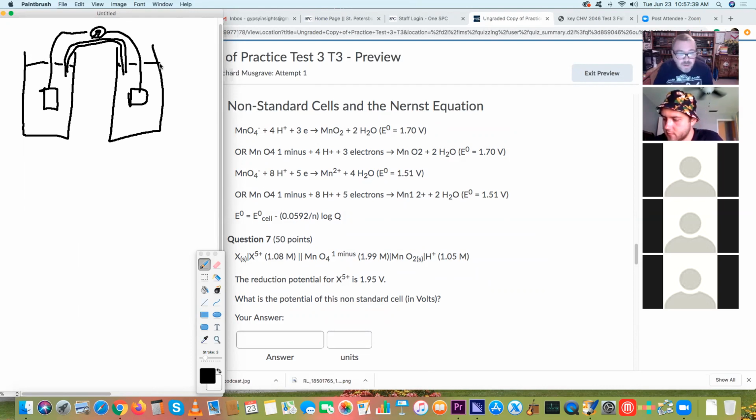That's right. And when we're looking at this business here, this double line sort of separates the cells. And what we've got here is an electrode, which is going to be the X solid. And in that, we've got a solution of, in this case, X5+. So those are ions in solution along with the X. On the other side, it's unlikely that the manganese dioxide is going to be a particularly good thing here.